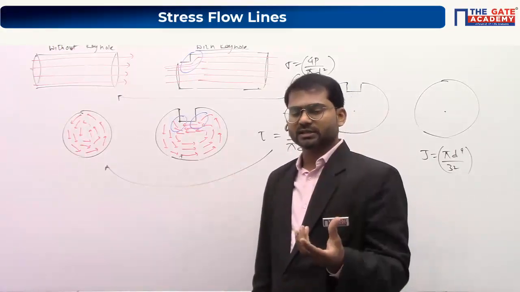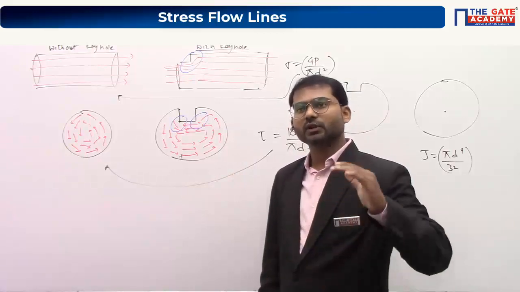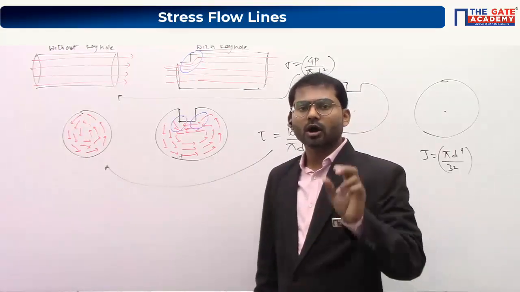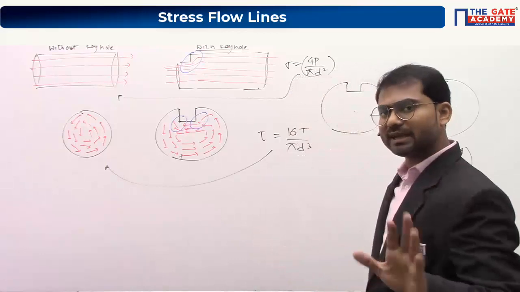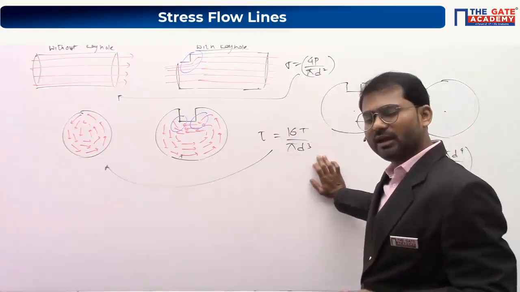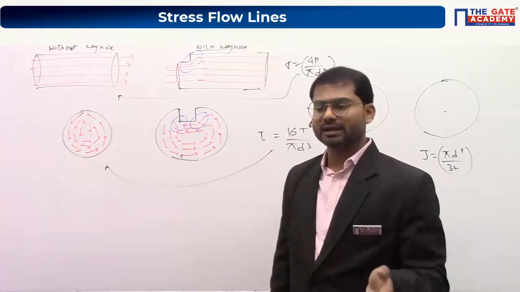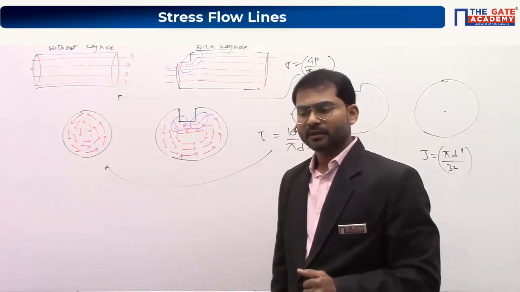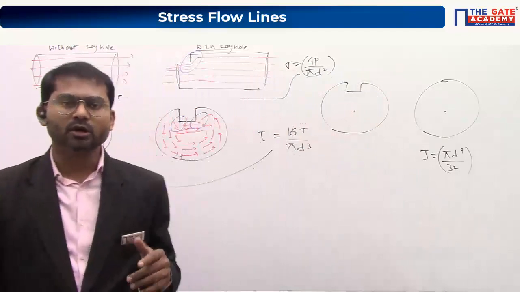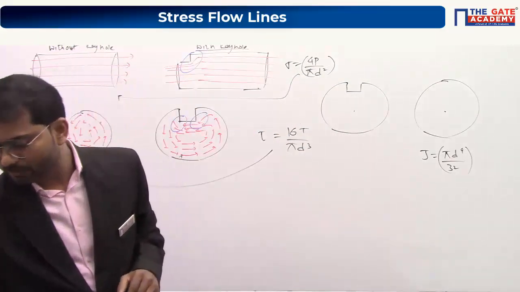Due to some reason at some location, stress will go beyond some nominal value. Nominal value means the value which we get using SOM calculations. Stress will go beyond these nominal values, and that phenomenon we call stress concentration. Clear? So kindly put this definition here.